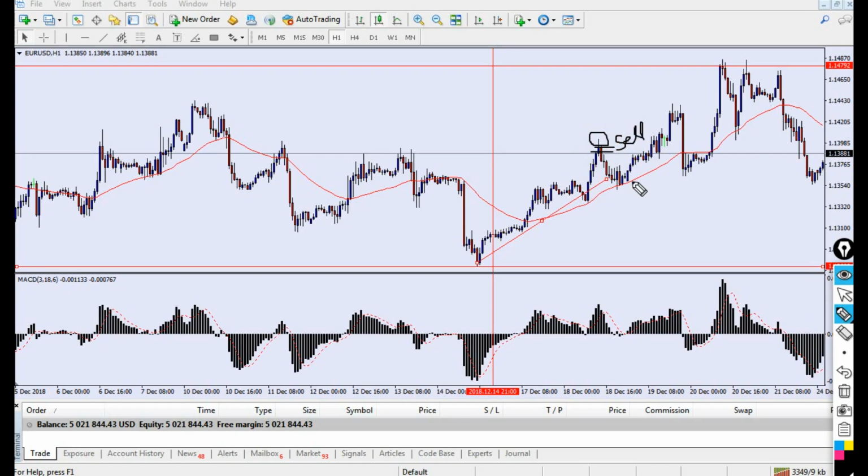Now the confirmations are that your moving average is far away from you, and your trend angle will be here, right? So you are taking only this part, 10 to 20 pips, right? You are focusing that the market will touch this moving average.